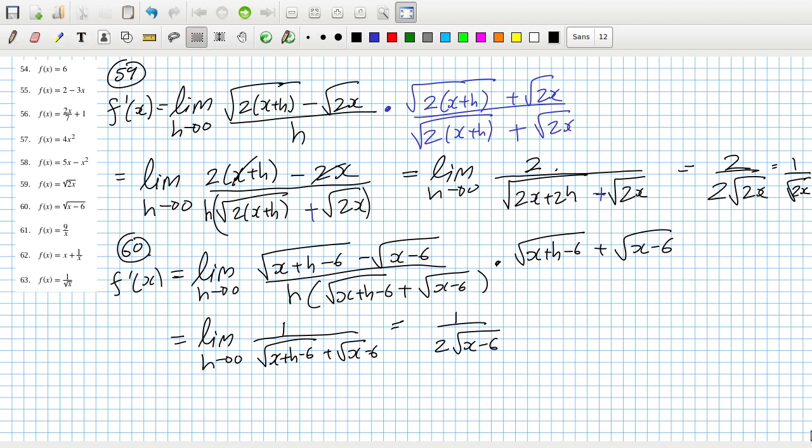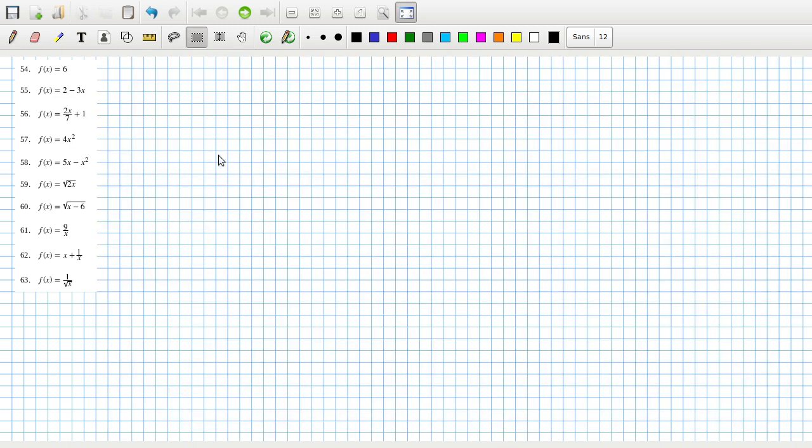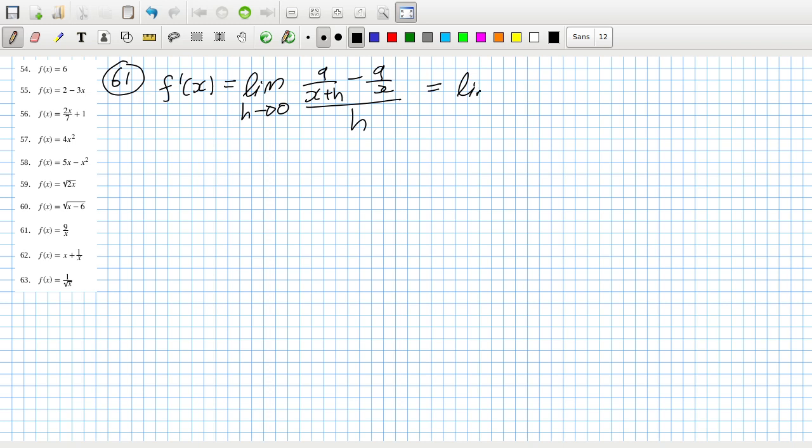61. No, sorry, 61, it's this one here. f dash x is the limit as h tends to 0 of 9 over x plus h minus 9 over x all over h, which is the limit as h goes to 0 of 9x minus 9x minus 9h all over x times x plus h times h.